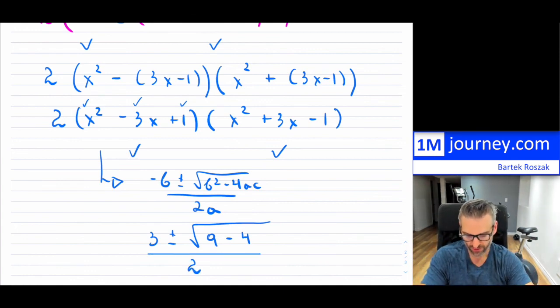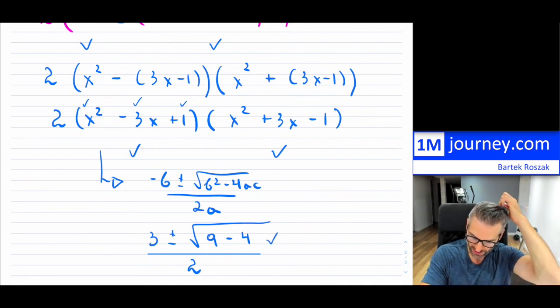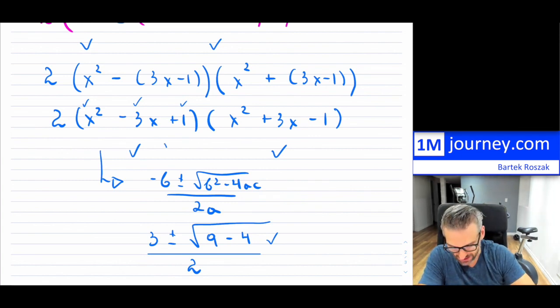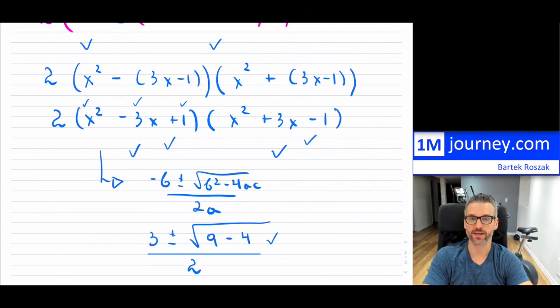Now that works out pretty well because I have 9 minus 4 underneath there, but it's going to give me 5, and then I'm not going to have a very nice solution to those roots. So it's going to give me 3 plus or minus a radical there. So I can't nicely factor this out, and you can try the same thing here, and you're going to run into the same issue.